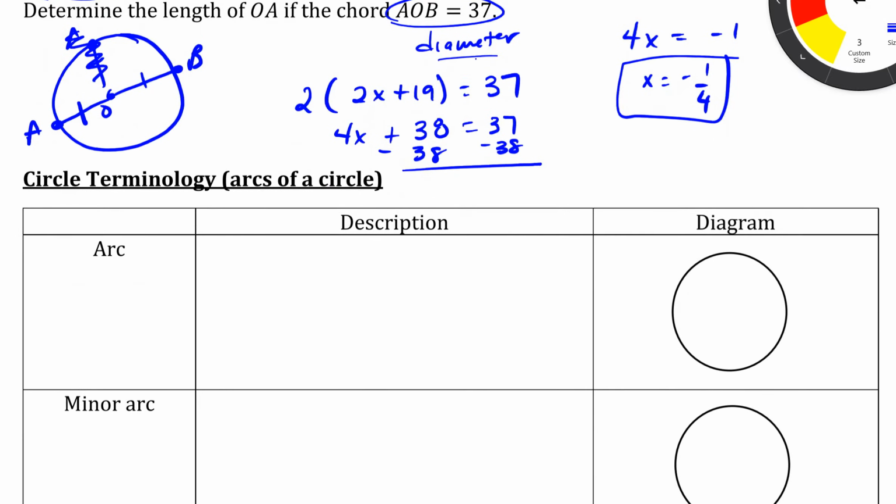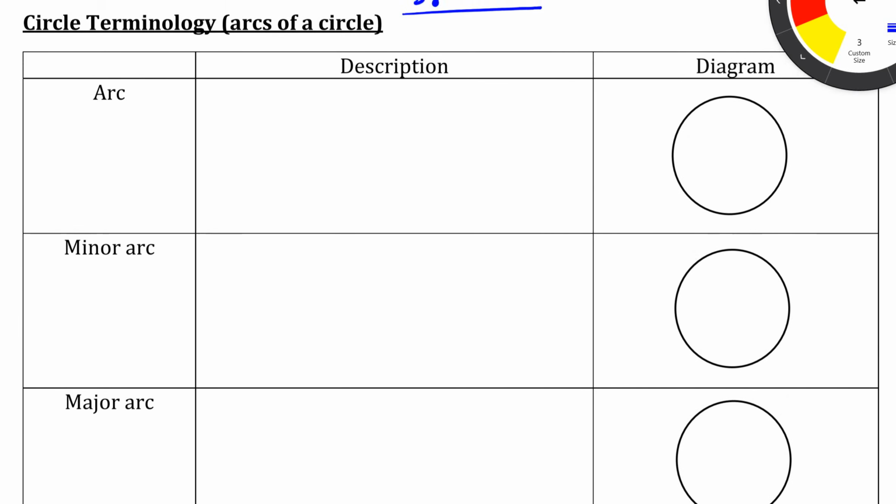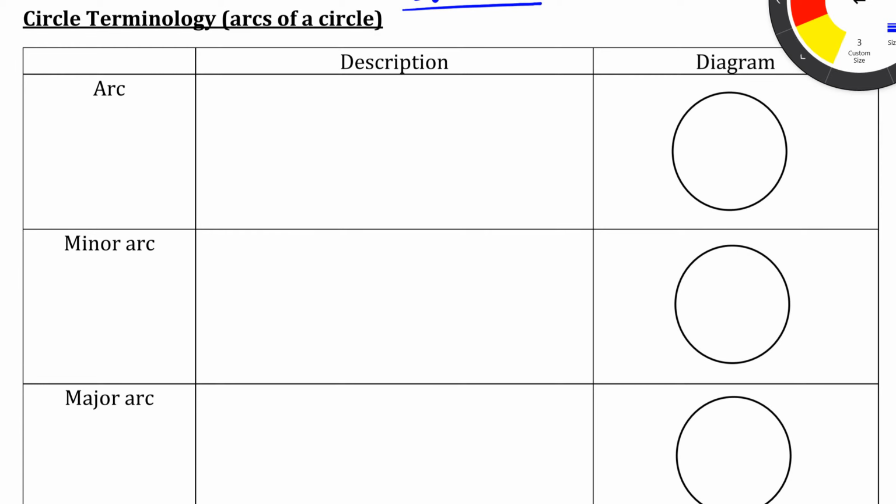The next type of terminology we have to look at in circles is the types of arcs that we have in a circle. In all circles we have arcs, and each arc is measured in a different way because of how long the arc is compared to the angle that opens it up. So what is an actual arc of a circle? An arc of a circle is a distance along the circumference.